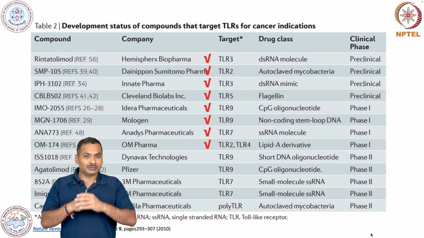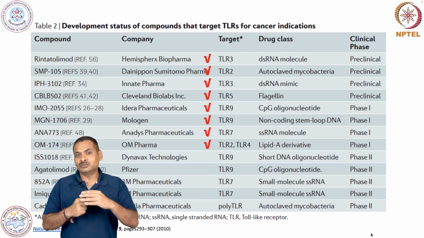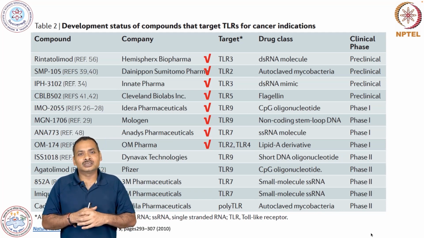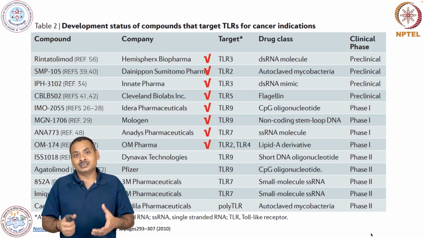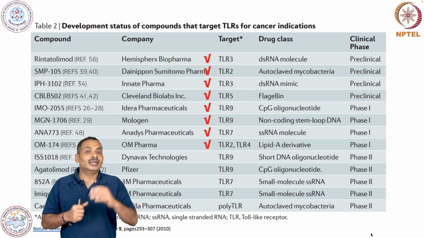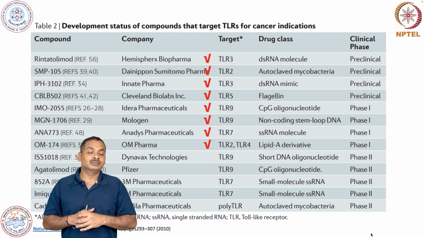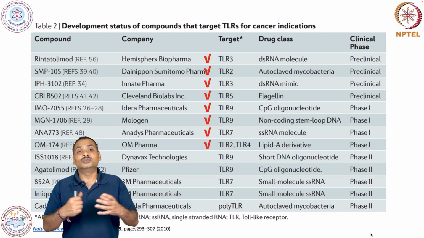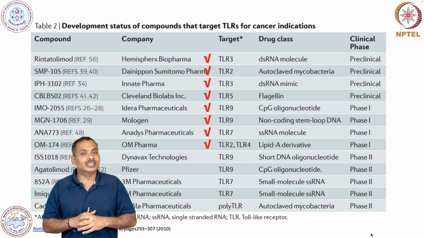Just again I am giving you one very important piece of information. In humans we use only one adjuvant which is clinically established, okay, and that is alum. There are so many kinds of adjuvants, but in human vaccines we only use alum, okay. So you can understand we are in need of more vaccine adjuvants.